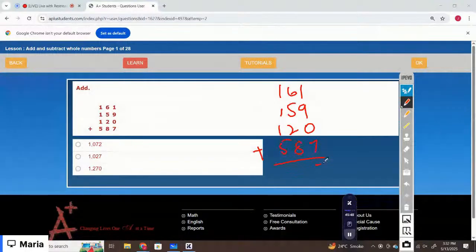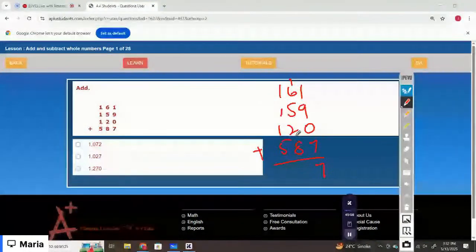9 and 1, 10 and 17, write 7 and carry 1. 6 and 5, 11 and 1, 12, 13, 14, 15, 16, 17, 18, 19, 20, 22.